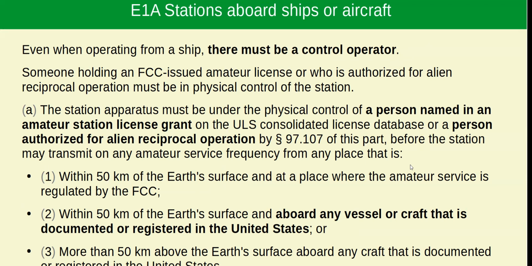They have to be FCC licensed or have some alien reciprocal agreement. I guess that would be like for Canadians who have all the privileges of US licensees, not to exceed the extra. As I understand it.